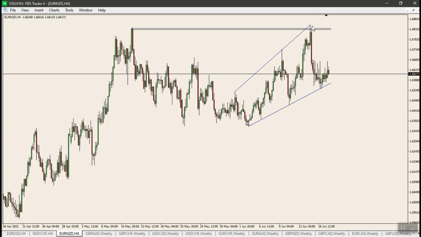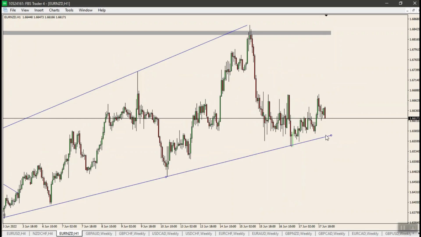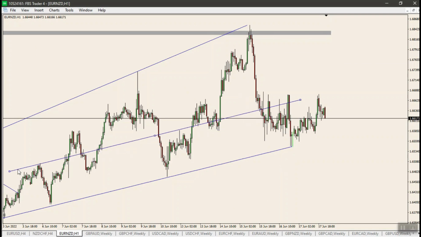First touch, second touch, third touch. At the third touch, we also have this resistance here, and the market moved impulsively to the low. And if we go to the lower time frame, as you can see, we have another structure here that goes something like this.